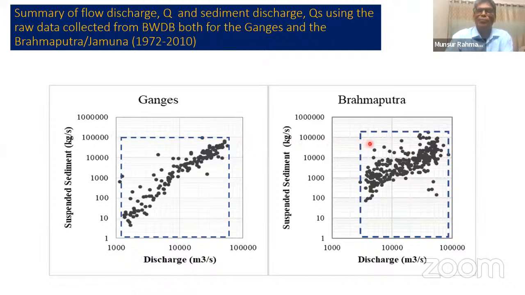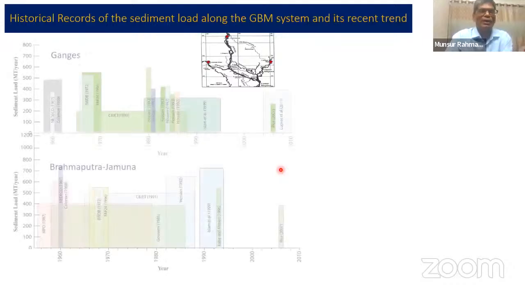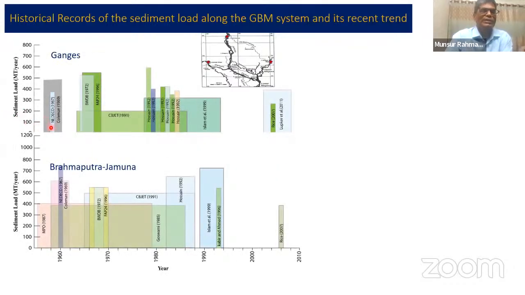This range of data is very important and vital to reanalyze and try to understand the recent sediment flux. Initially we tried to make a summary of the inventory that is available, and we received the sediment data at this station for the Ganges, which is quite variable in different records.